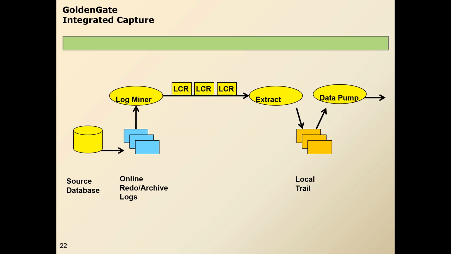Same test, same configuration, everything the same. The number of transactions in the same amount of time captured by the integrated extract was 25,673 transactions. Oracle also says it is 5 times faster, and when I did the test myself, I found that integrated extract is almost 5 times faster than the classic extract.